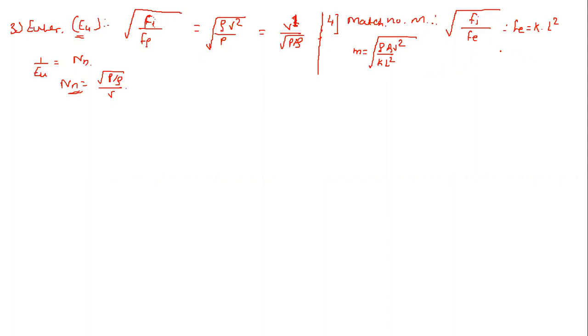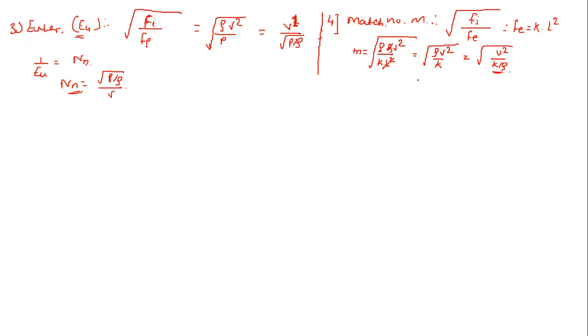Now after simplifying it, means area A will be L square, so A and L square get cancelled, and what else we have, the remaining terms are density into the velocity square divided by K. Again it is simplified in the square root only, v square divided by K by rho, where this K by rho indicates the velocity of the sound in a fluid.